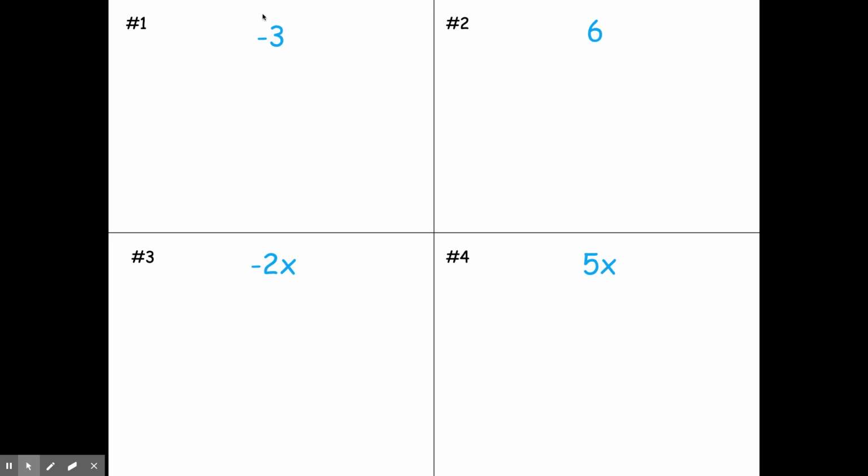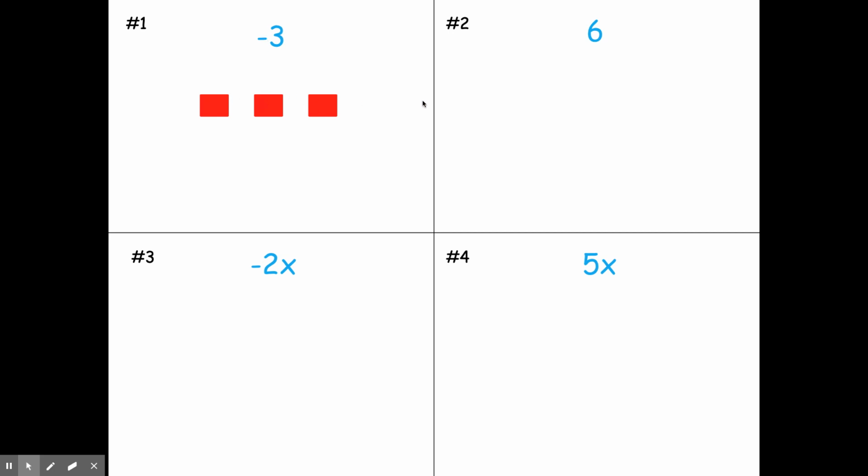All right, so if I go back to box 1, I have a -3. So to represent that -3, first of all, I need 3 tiles, and those tiles can be either red or yellow. Now, because this is a -3, I'm going to use 3 red tiles. So I've got 3, 1, 2, 3. It's negative, which tells me those tiles need to be red.